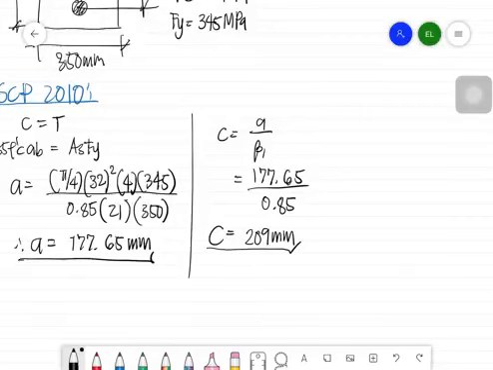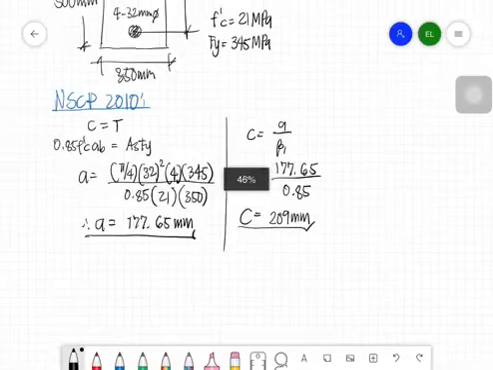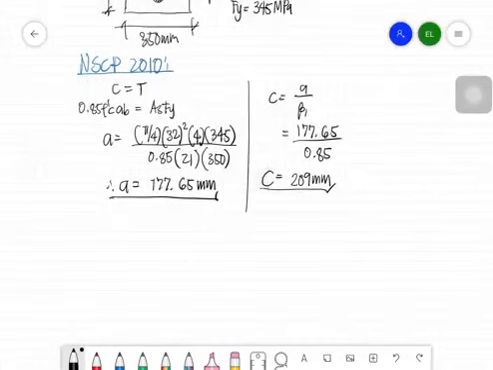This is the distance from the extreme compression fiber to the neutral axis of the beam. Now we already know the values of a and c.